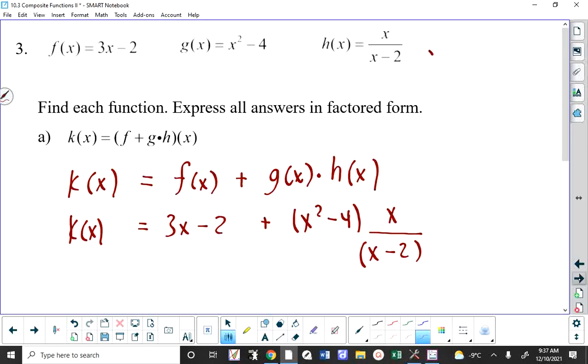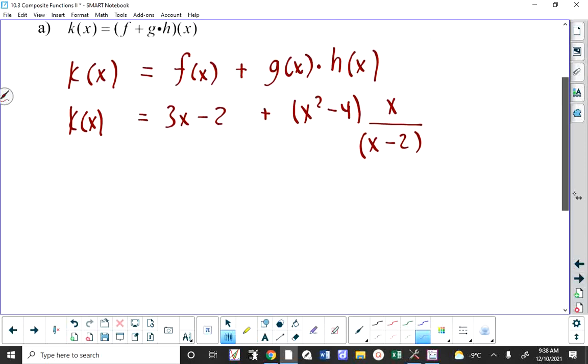I suppose we could add this, but it's kind of unsaid. Clearly, x would never be allowed to be 2 in that function. And since x is not allowed to be 2 in that function, and that function forms part of k of x, k of x is never allowed to have an input of 2. That domain follows the whole process along.